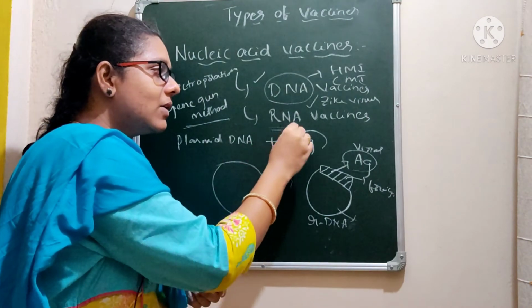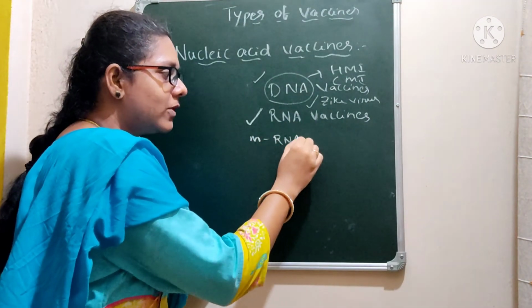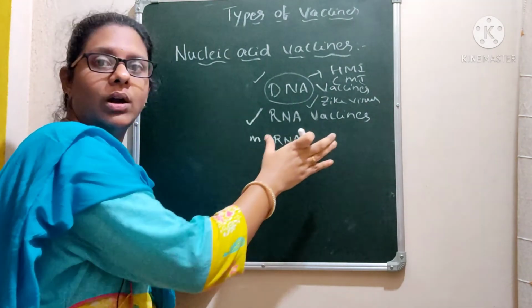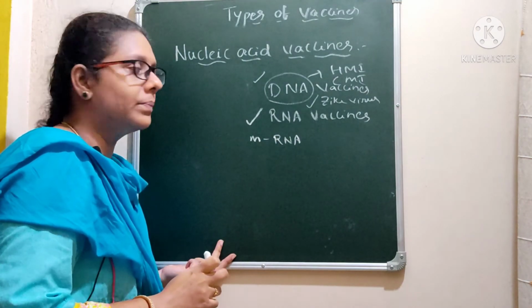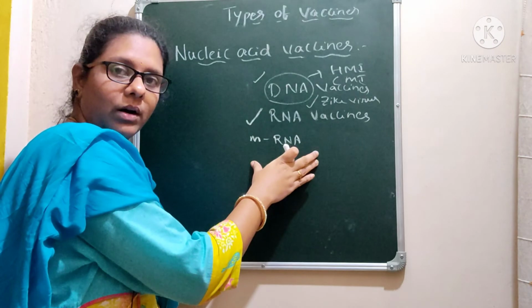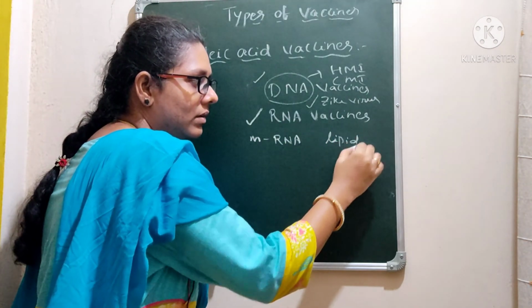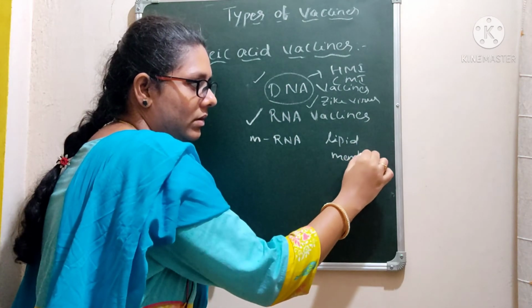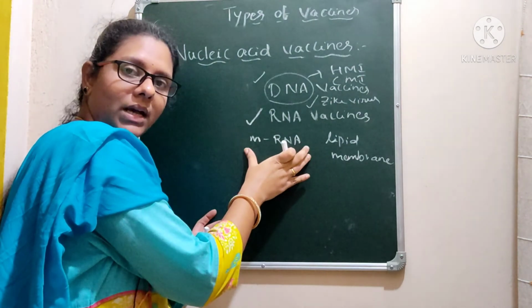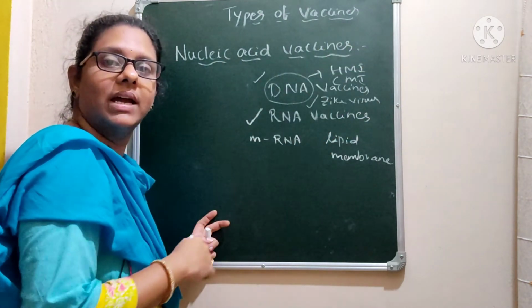Coming to the RNA vaccines, here we use mRNA. mRNA stands for messenger RNA, and remember these RNA vaccines will not combine with the host DNA, and here we are going to introduce the mRNA into a host. This mRNA is embedded in a lipid membrane, and this lipid membrane will protect the mRNA, and at the same time it will help the mRNA to reach inside the cell.